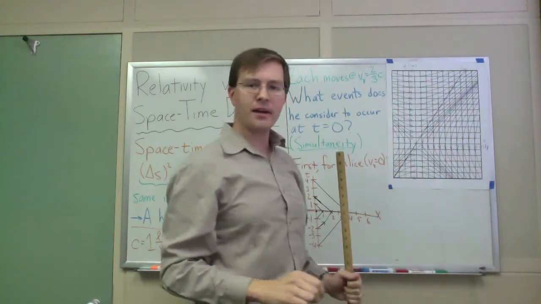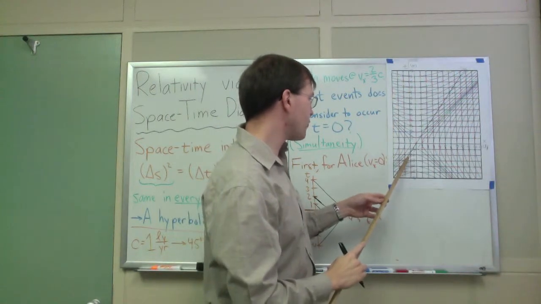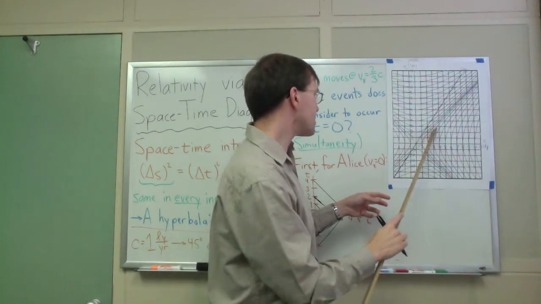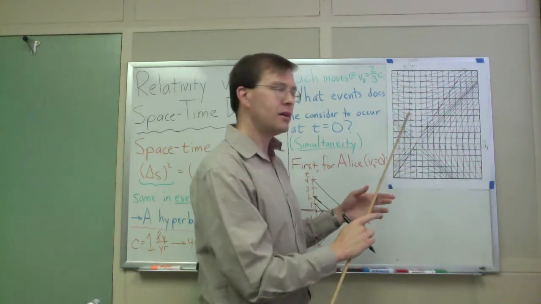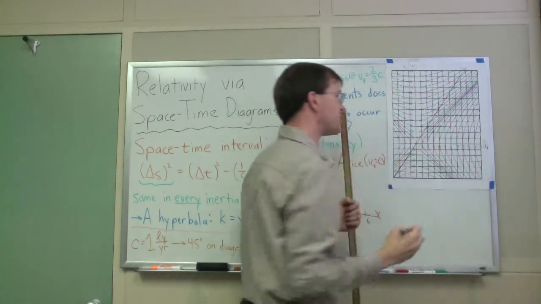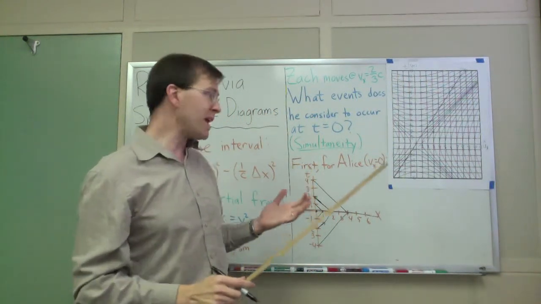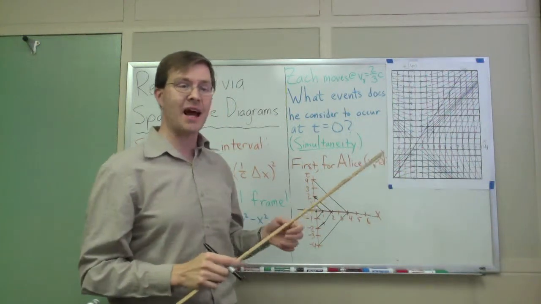So having done that, what I can see is Zach sees this light go forward from here, bounce, and come back to Zach. So the point where it bounced, right here, must be a point that Zach believes is at time equals 0, because it's equally spaced between the light going out and the light coming back to Zach.